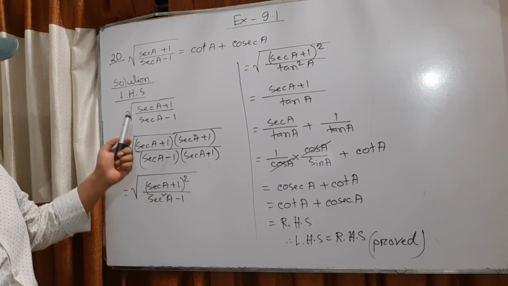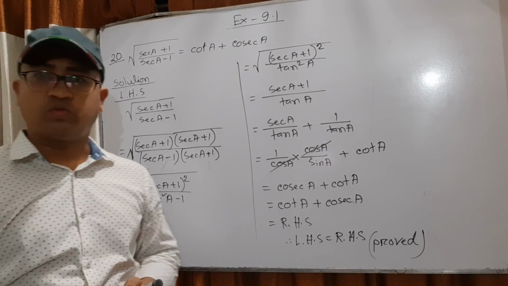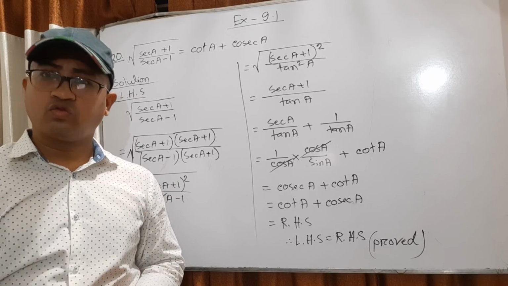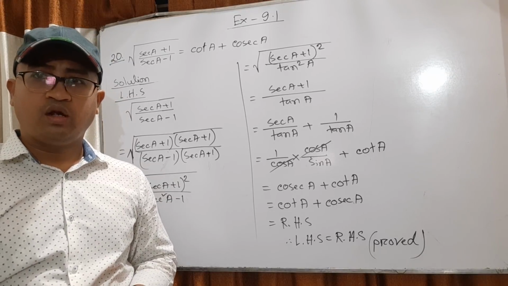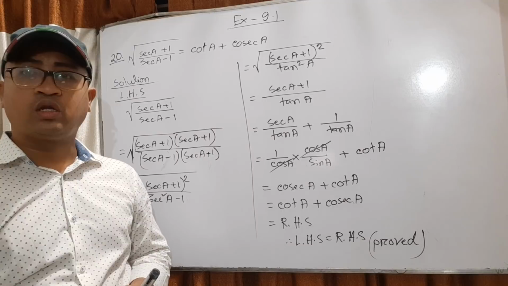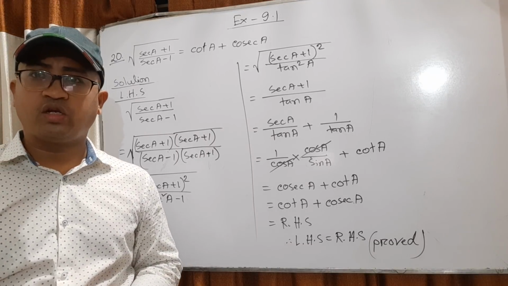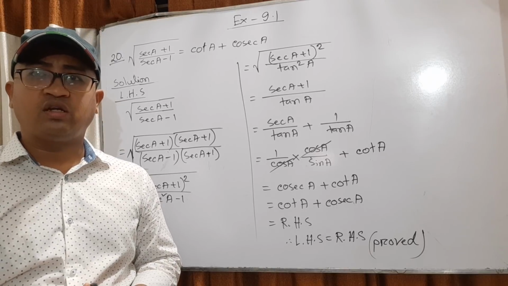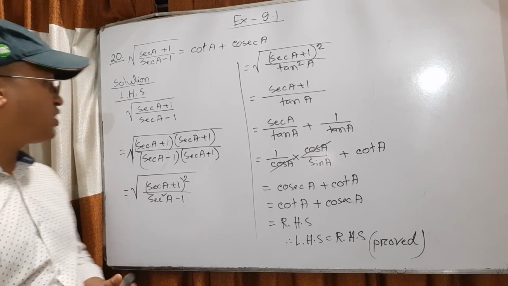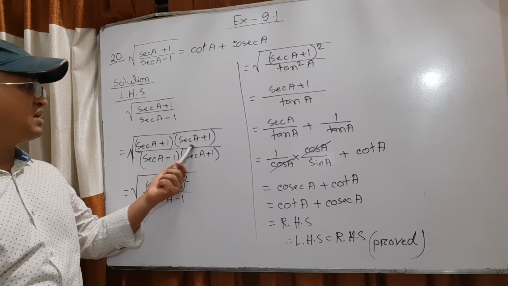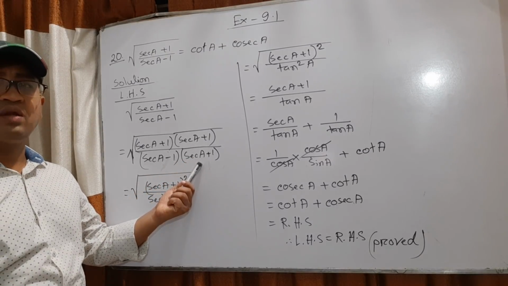Again, look, in the left hand side there is a root over. I have told you that if there is a root over, you should remove it, and to remove the root over, you should multiply both the numerator and the denominator of the fraction by a term so that it becomes a square. So here I multiply by sec a plus 1.